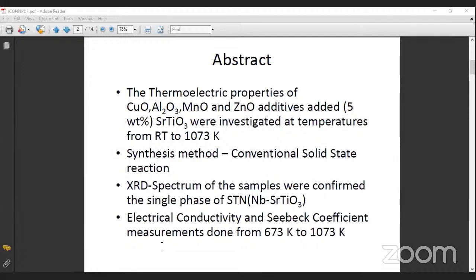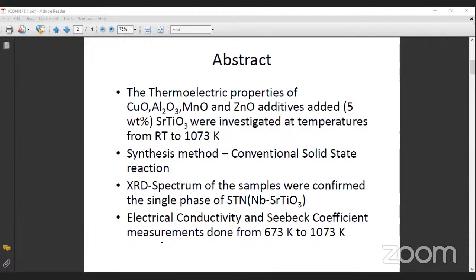Thermoelectric materials are materials which convert heat into electricity. In the real world, for example in an IC engine, only 30% of the fuel is converted into energy, and the rest is wasted as heat.